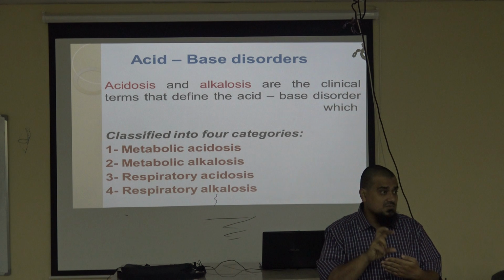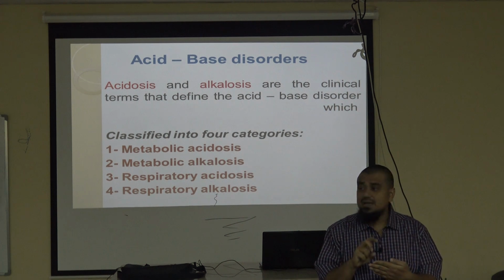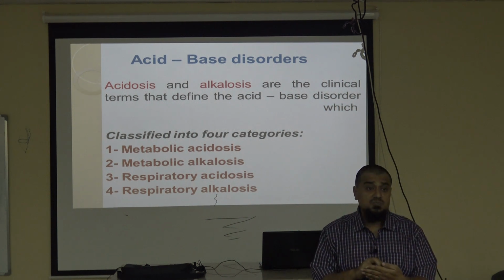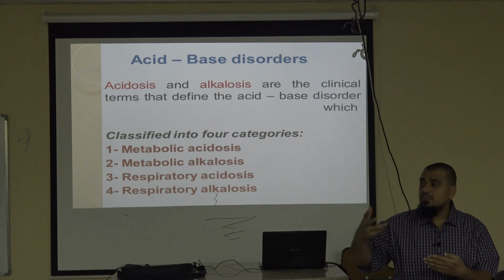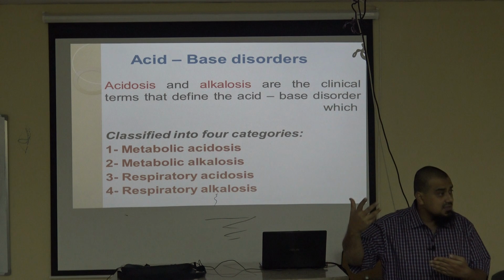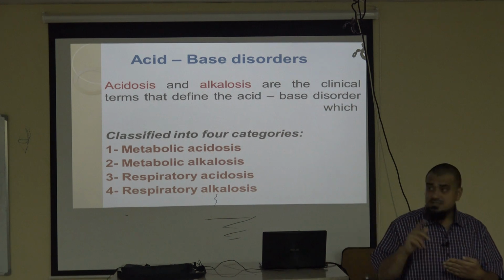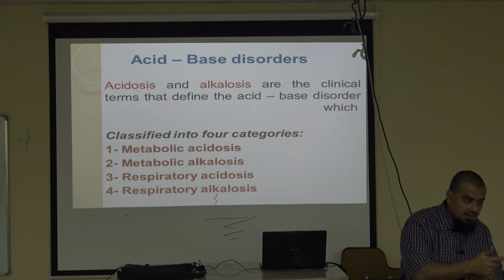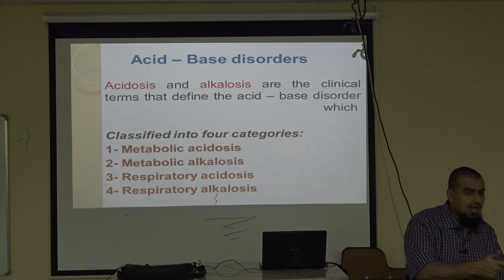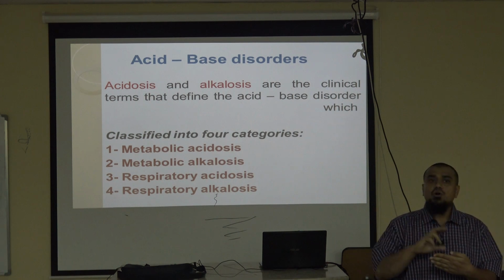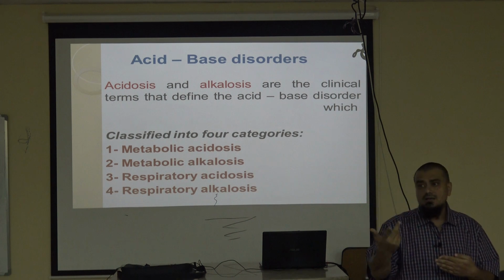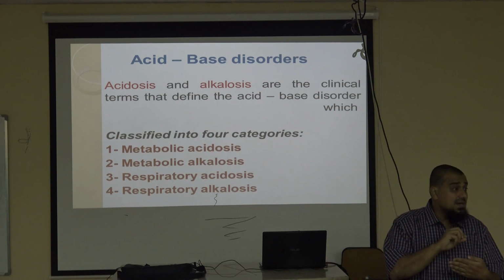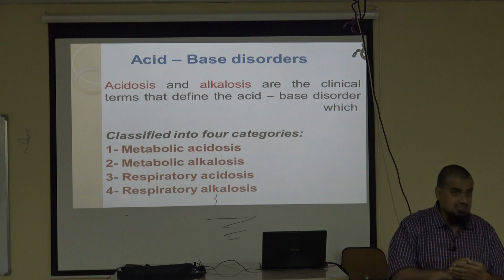So in this case we say this is respiratory acidosis, because the cause of acidosis is increased carbon dioxide concentration in the blood. This is called hypercapnia. So the cause of this drop in the pH is hypercapnia. That's why we call this respiratory acidosis.